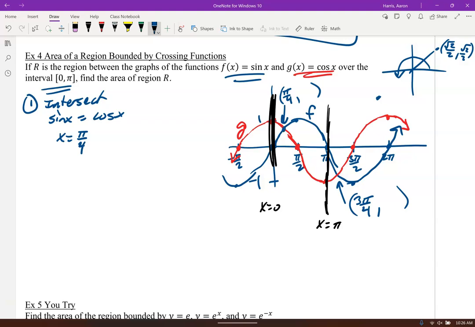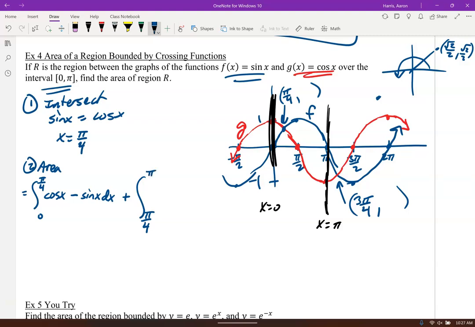So when we're setting this thing up, we're going to go, this area is from 0 to pi fourths. The red one's on top, cosine's on top, minus the sines on the bottom until we get to pi fourths. And then we're going to go from pi fourths up to, remember we're ending where?